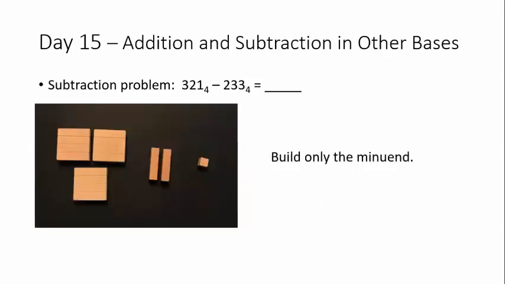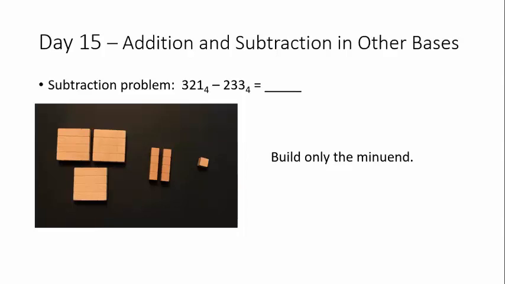Here's another subtraction problem. 321 base 4 minus 233 base 4. We start with the minuend. 321 base 4. Since I'm taking away 233 base 4, I'll start with the number of units that I'm taking away.